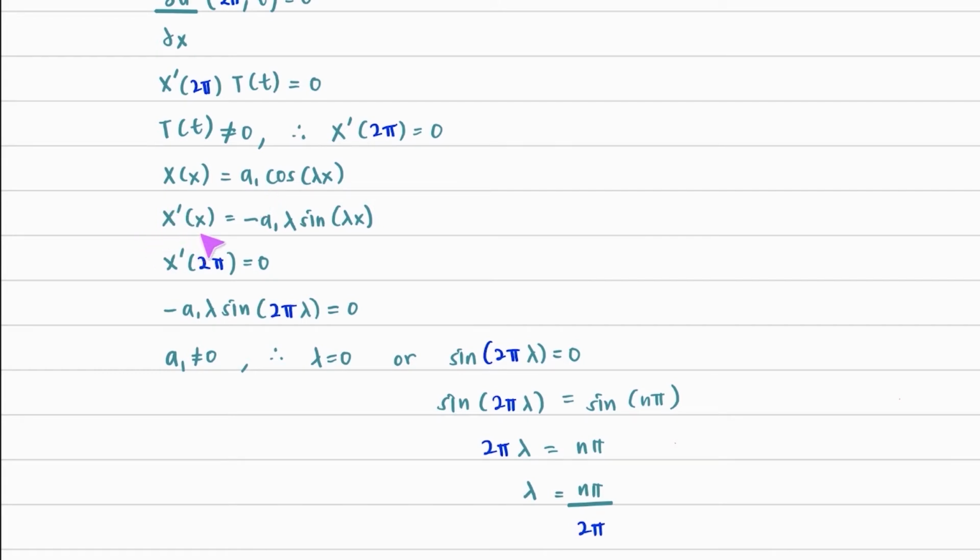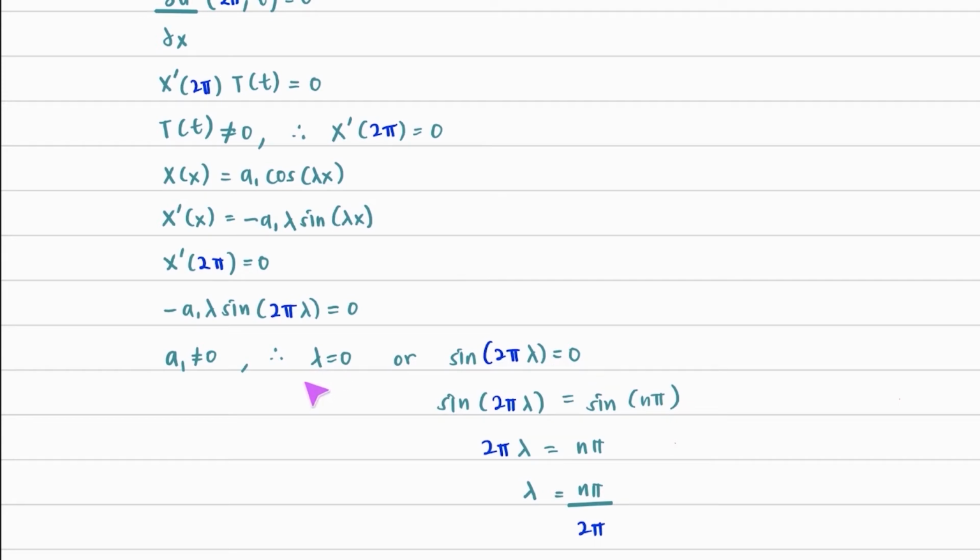Therefore, X'(x) is equal to negative a1 lambda sin lambda x, and X'(2π) equal to 0 from here. Negative a1 lambda sin 2π lambda equal to 0. a1 does not equal to 0 because if a1 equal to 0, there will be no solution. Therefore, lambda equal to 0 or sin 2π lambda equal to 0.